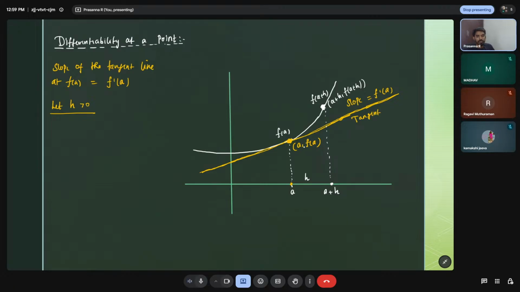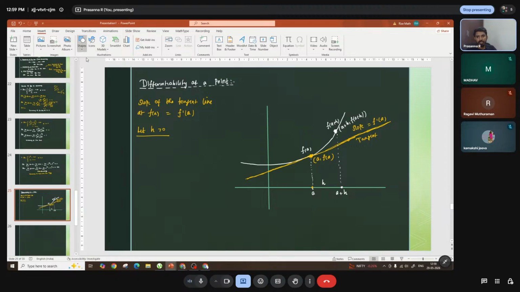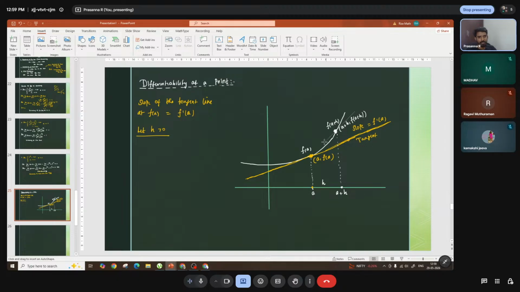Now what I'm going to do is connect this point and this point. Whenever I connect 2 points on the curve, that line is called the secant line or chord. You can call it anything.